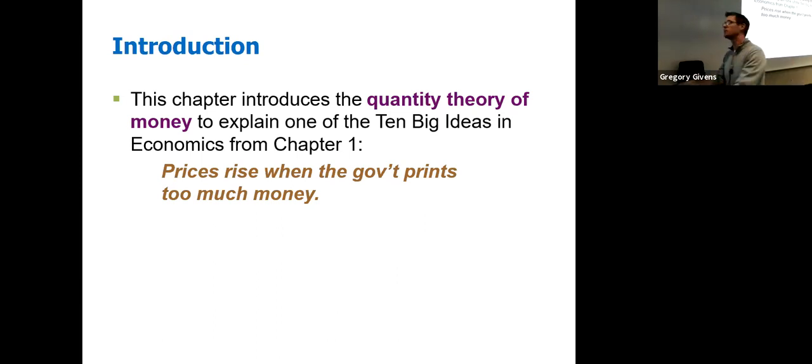Now, let me just remind you of one thing. This particular model of money, the quantity theory of money, really only describes the relationship between money and prices and inflation in the long run, okay? That is, how are these variables related over long periods of time?